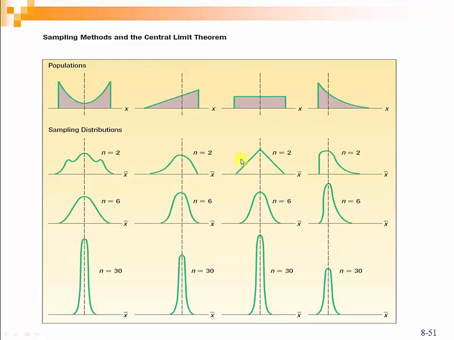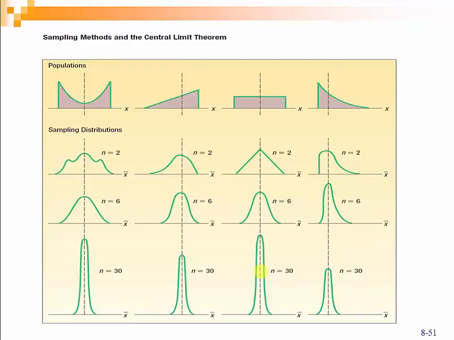We see as we get more and more observations, it becomes more and more normally distributed. So notice that regardless of the shape of the population distribution, the sample distributions all start to converge on a normal distribution shape. And most statisticians consider a sample of 30 or more to be sufficiently large for the central limit theorem to be used.